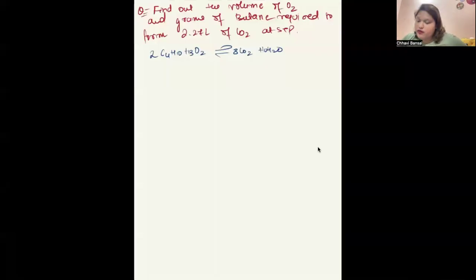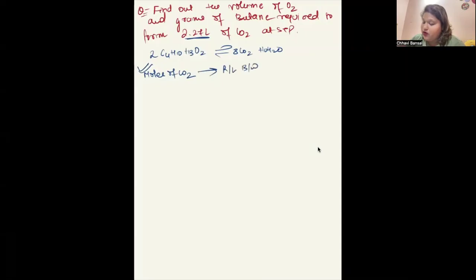Now, what are we given? We are given the volume of CO2, so what can we calculate? Moles of CO2. This should be the first step of every type of question which deals with the mole concept, right? So, moles of CO2, then the relationship between CO2 and O2 as well as CO2 and C4H10.